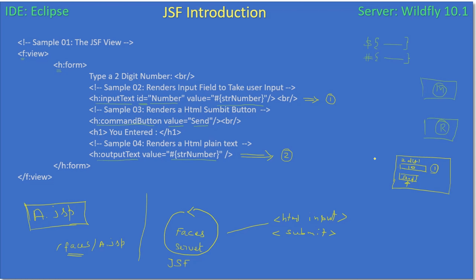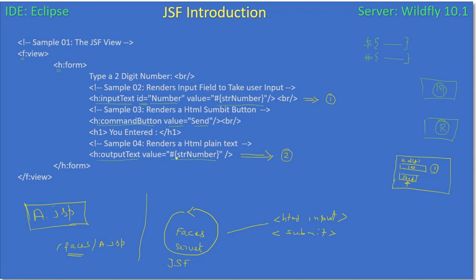The user typed 10 and clicked send. Once again they come here, faces a.jsp, that means the faces servlet will do the processing, then it renders the JSP file. So when the faces servlet processes this the second time, during the model phase it will read the str number. It reads, in the sense that here it reads it from the HTML form and stores that internally in the str number.